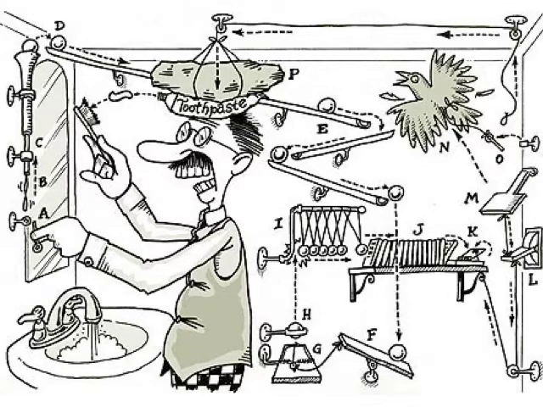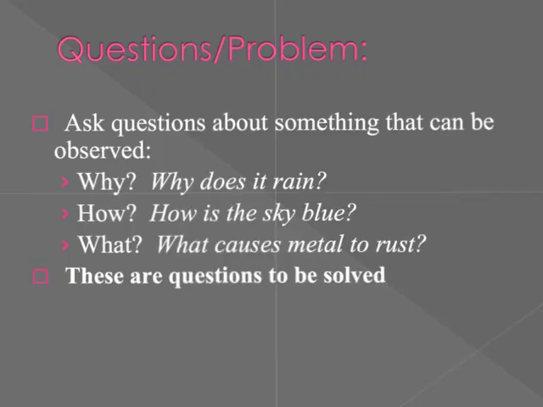If you look at this picture, the picture is of a man who's trying to come up with a way to make it easier for him to brush his teeth. It's a problem that he has, but it's also a problem that we come in contact with in our daily lives.